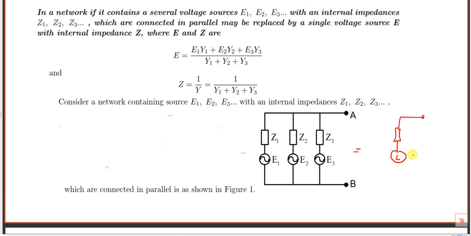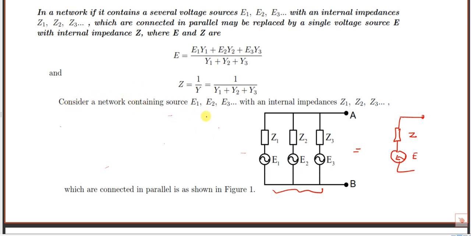This is E, this is equivalent Z. So instead of these three in parallel, we can write a single voltage source with internal impedance Z, or if you are writing in terms of resistance, we can convert into a single equivalent resistance. So this is the statement.